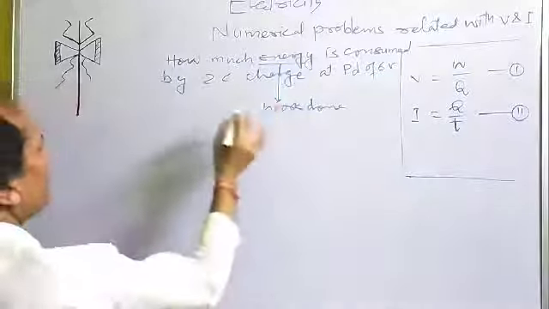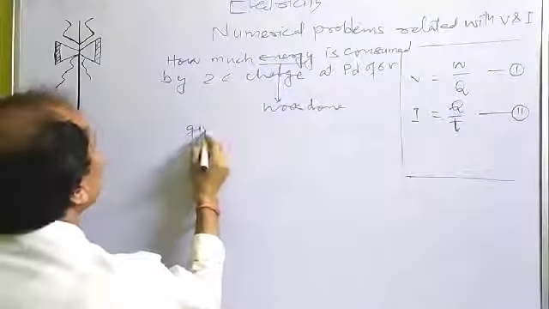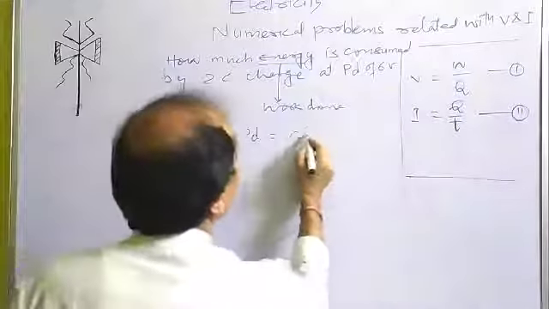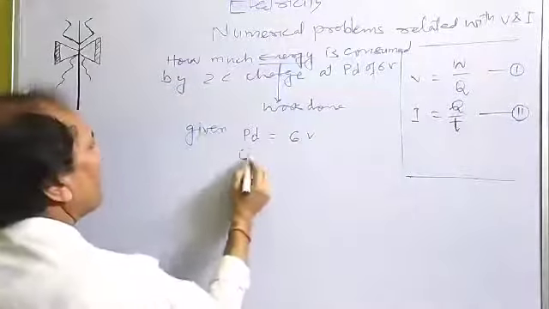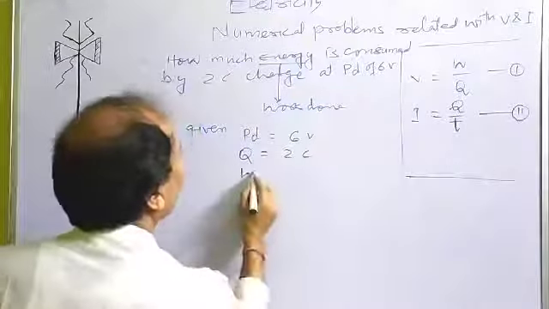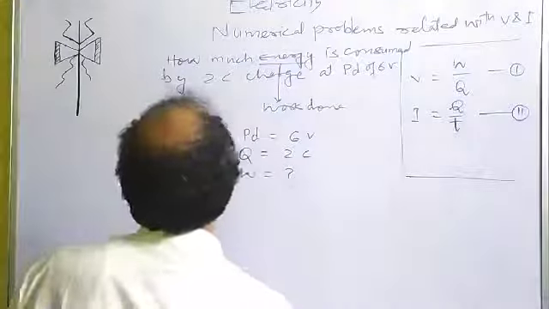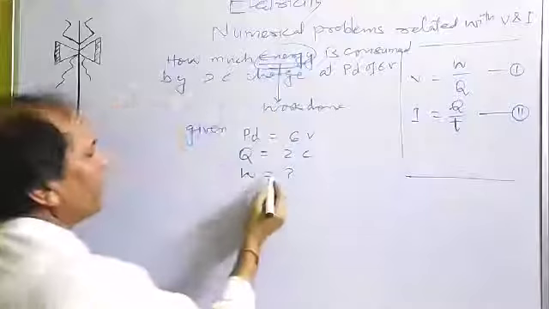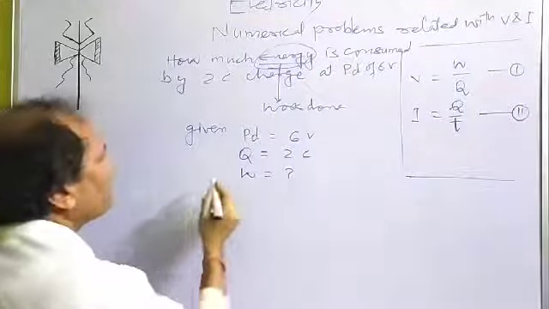So see here, we have to find out: given potential difference equal to 6 volt, Q equal to 2 coulomb, and work done is to be calculated. Because here it is asking energy consumed, you will calculate work done.